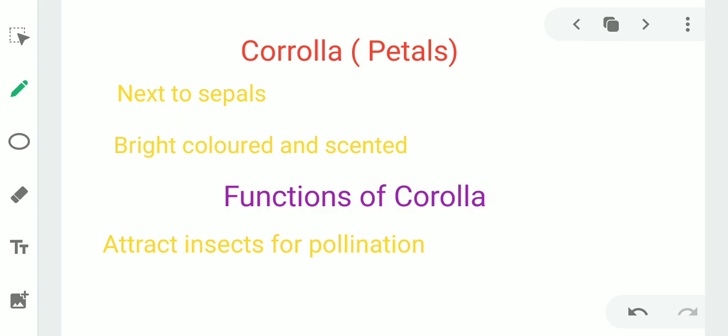Corolla attracts insects for pollination. As these are colorful leaves, as these have fragrance, so these petals attract insects. Insects sit on the petals, insects sit on the flowers and help in pollination.